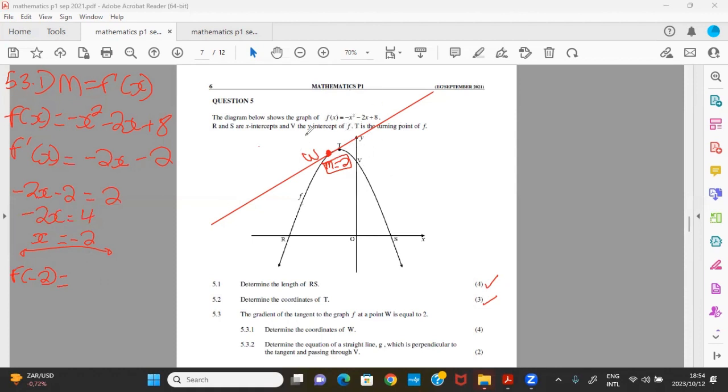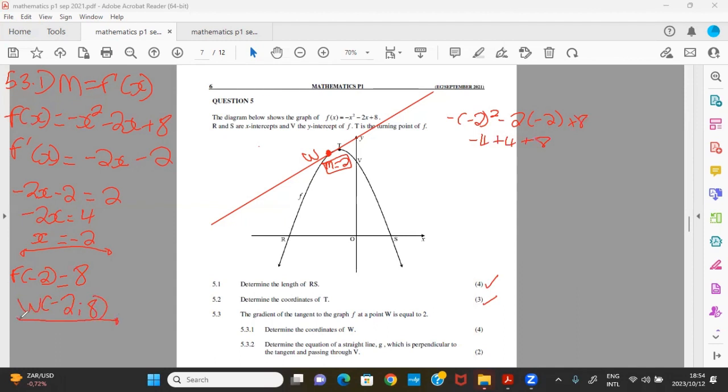So that will be minus (-2) squared minus 2 times (-2) plus 8. So that's minus 4 plus 4 plus 8. So that's 8. And then my point W is (-2, 8).